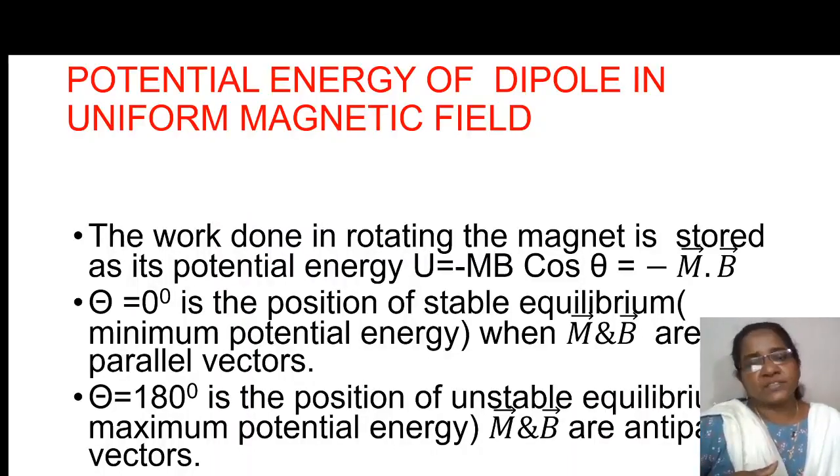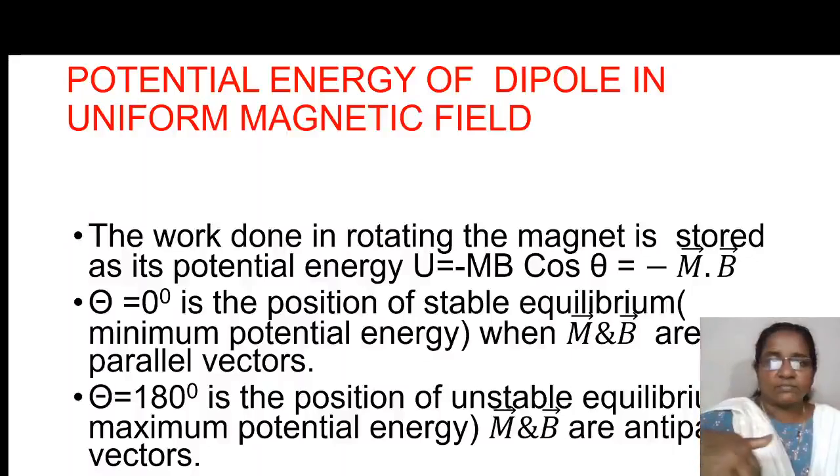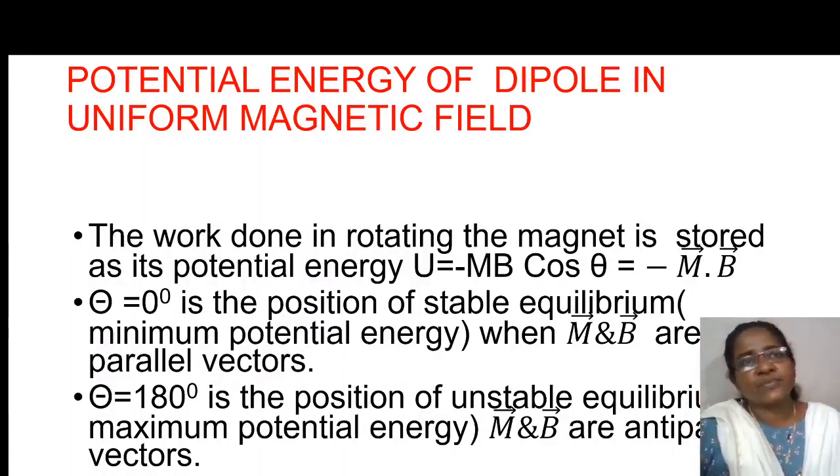Unstable equilibrium means that if we disturb the magnet a little bit at that position, its angle will increase and it will go to the stable equilibrium position. It will oscillate a little bit due to inertia of motion. Then it will come to rest in the position of stable equilibrium. So that is the position of unstable equilibrium.